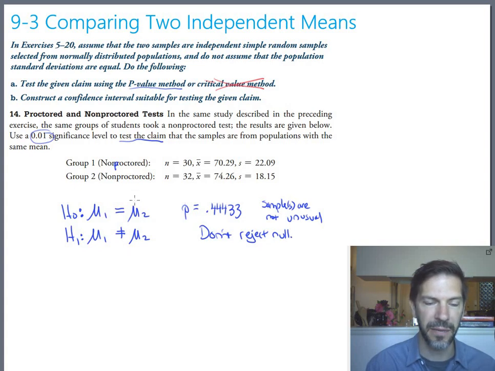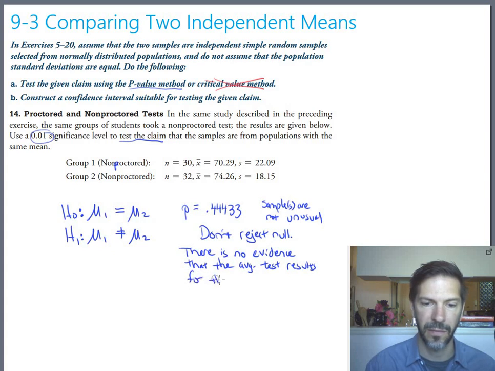So when we can't reject the null, we'll basically say for our sentence, there's no evidence that the average test results for the two groups are different.